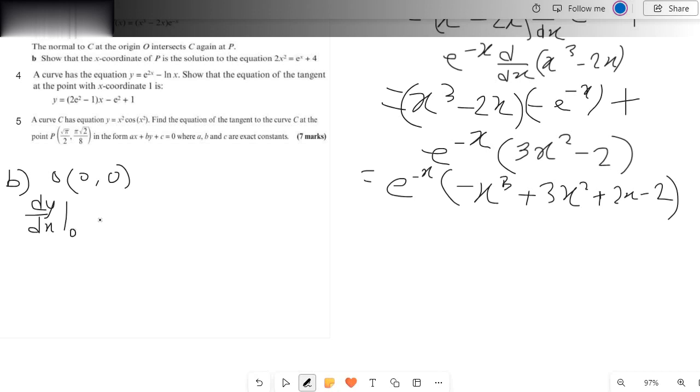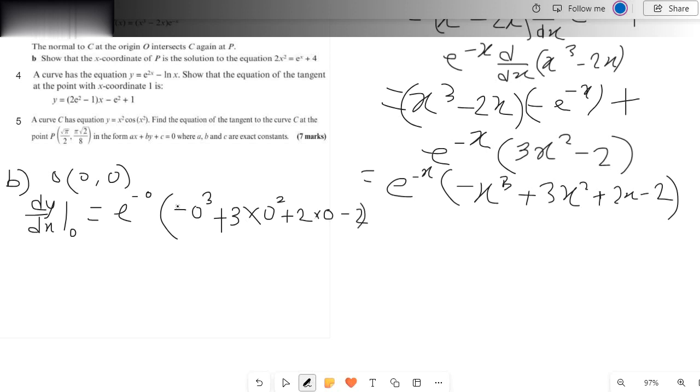So we will get e to the power minus 0 multiplied with minus 0 cubed plus 3 into 0 squared plus 2 into 0 minus 2.